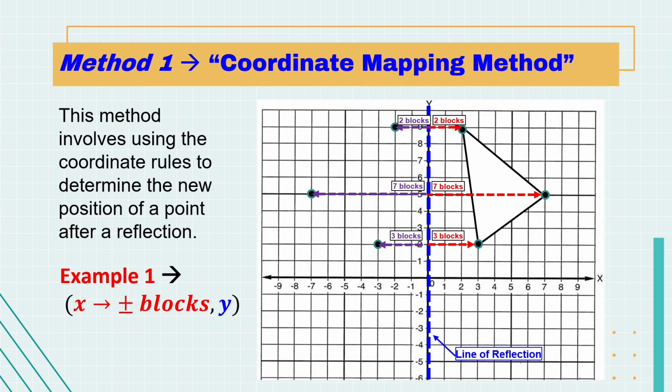In the figure, notice that the distance from the original figure to the line of reflection is the same as the distance from the reflected figure to the line of reflection. So when using this method, we focus on the coordinates and apply the correct reflection rules.